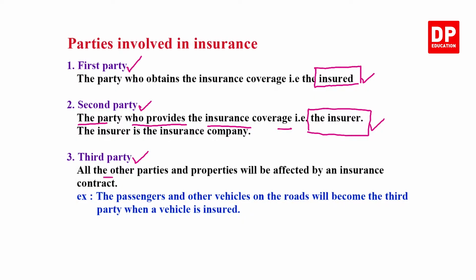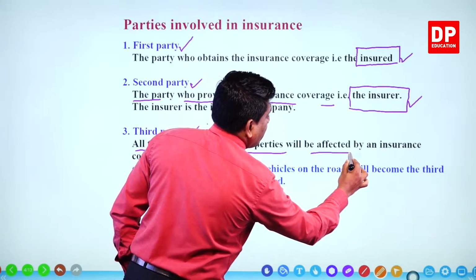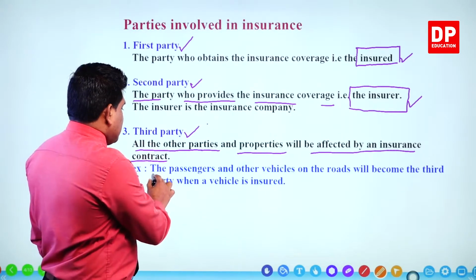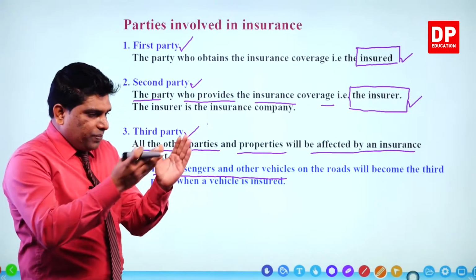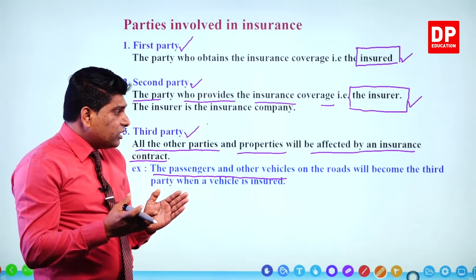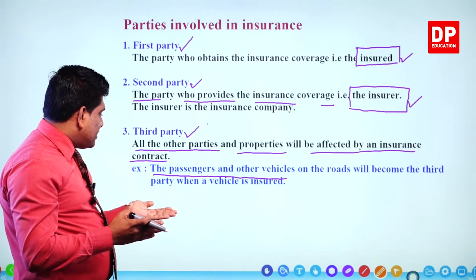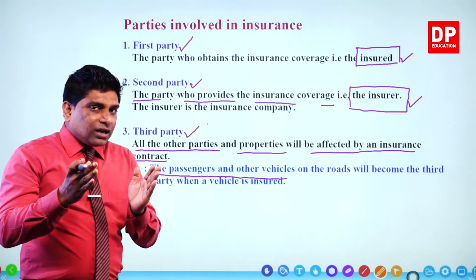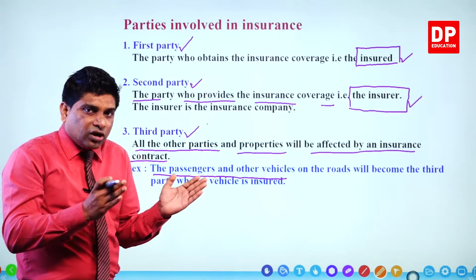All other parties and properties will be affected by an insurance contract. The passengers and other vehicles on the road will become third parties when a vehicle is insured. Suppose Kamal's plan was to get an insurance policy for his vehicle, not for his life.